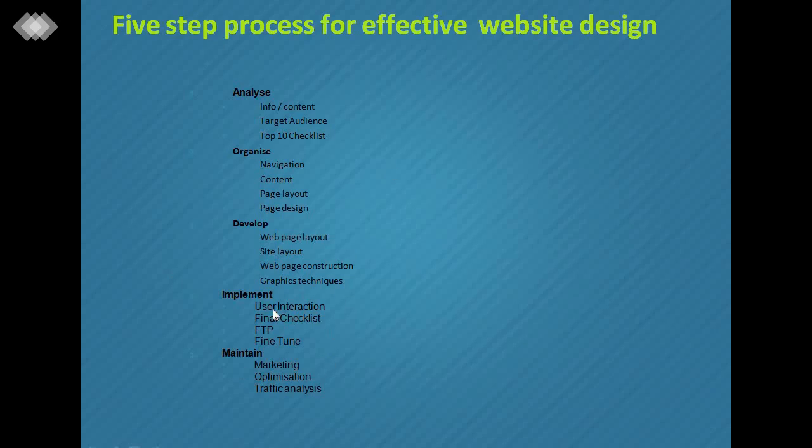And the fourth step, implementation or implement, includes some user interaction, final checklist, FTP (file transfer protocol), and some fine tunes. And the last step is maintenance, which includes marketing, optimization, and traffic analysis.